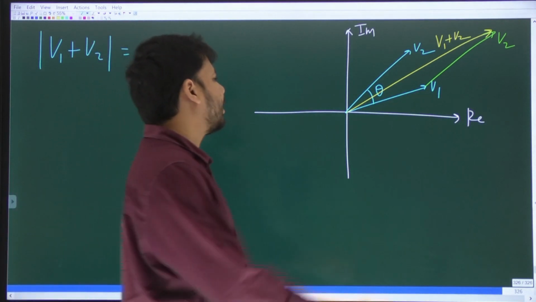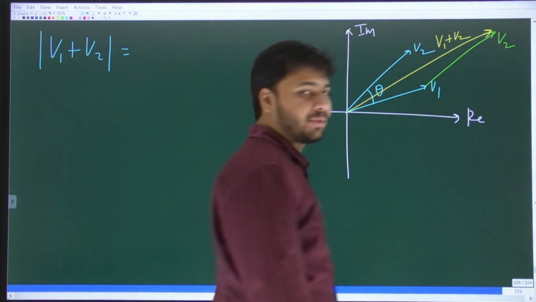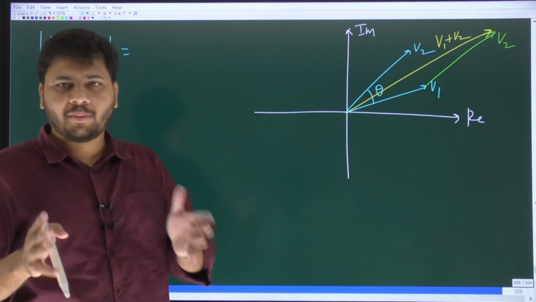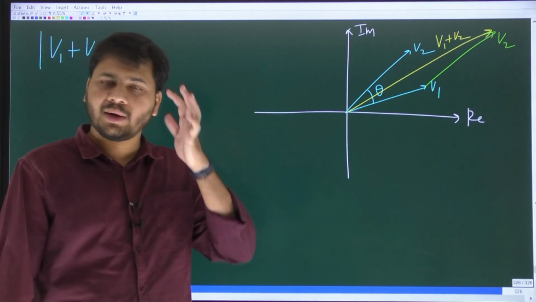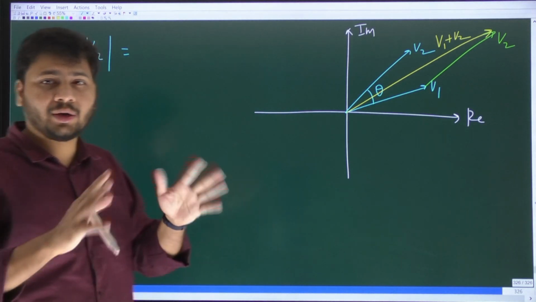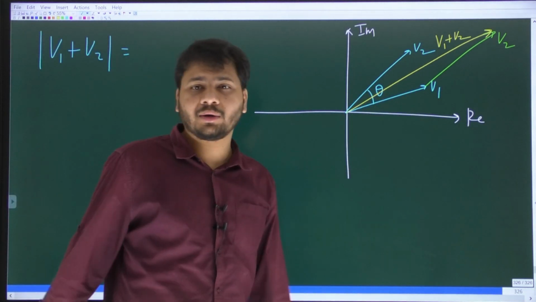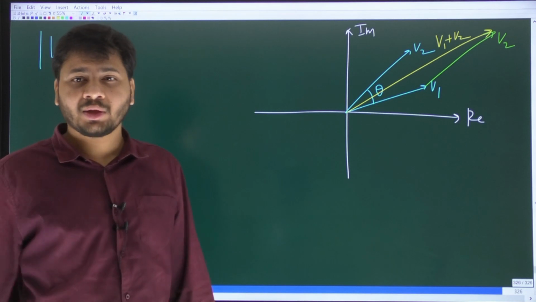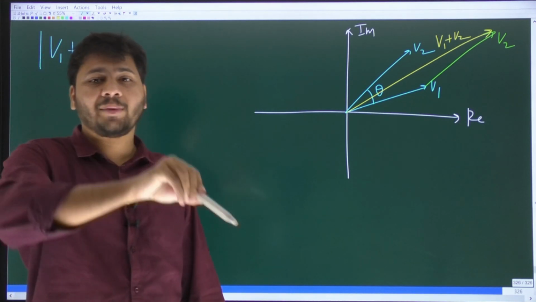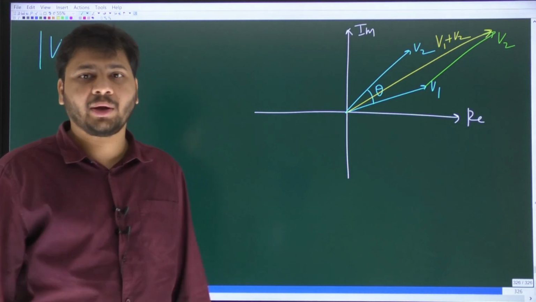Now look at this yellow color phasor, which is V1 plus V2. Now every phasor will have a magnitude, a length. So this mod V1 plus V2 is the magnitude, or length, of the yellow color phasor. Remember, magnitude in phasor domain is the same as amplitude in time domain.